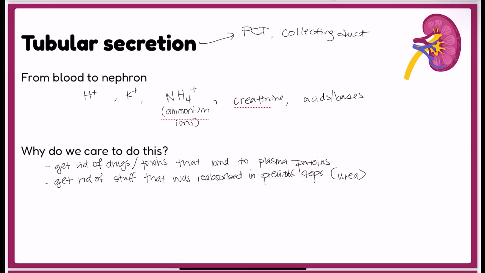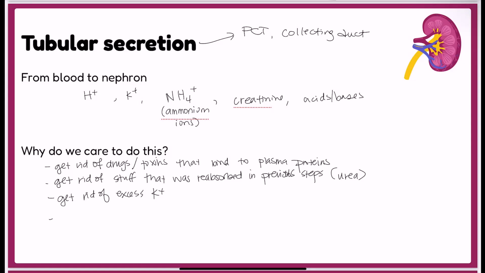But then we also want to get rid of excess potassium. Because too much potassium in the blood can cause issues with membrane potential. So if you have issues with membrane potential, this leads to a whole bunch of stuff like cardiac arrhythmia, muscle paralysis. It becomes a big problem. The regulation of potassium is in large part done by the hormone aldosterone, and that causes tubular secretion of potassium and stuff in the collecting duct.